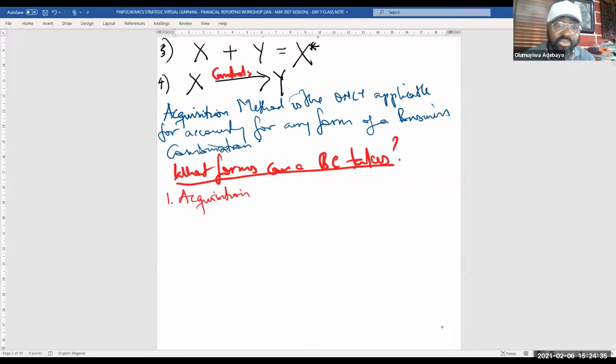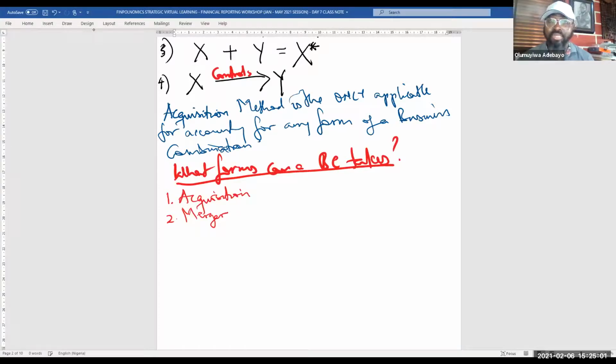The other one you could have is a merger. In a merger, what happens in that situation is that at least one of the companies subsumes the others or the other, as the case may be.